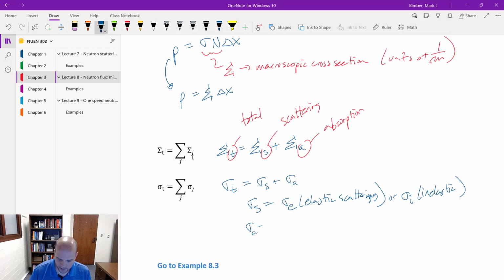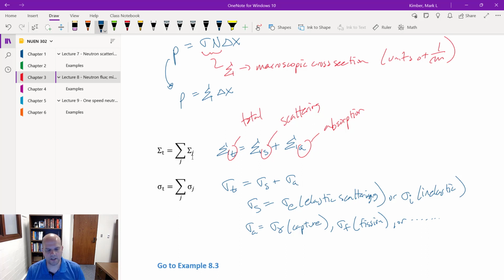And then sigma a, this absorption, is going to be comprised of, typically called gamma, where we just capture the neutron. Another option is fission, or a bunch of other ones. So there's primarily two for the scattering, and two main ones that we're going to focus on for the absorption, but the reality is there's quite a few in that category.